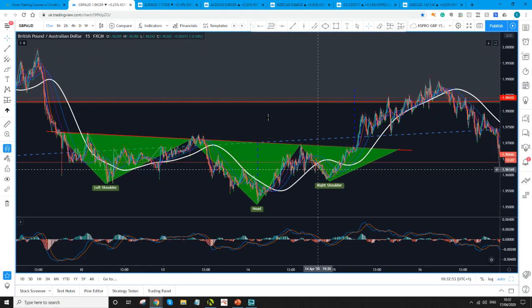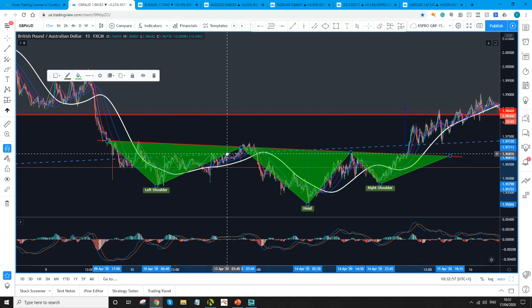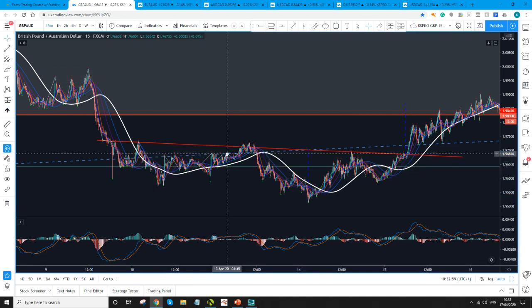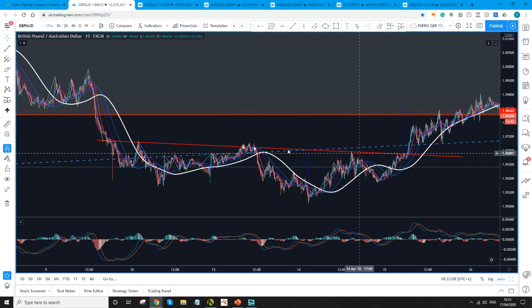Well, if I just remove the actual drawing of the pattern for a second, okay, the first thing that I'm noticing is that the market is forming these highs at a similar level, and even that's not really the best way to describe it.